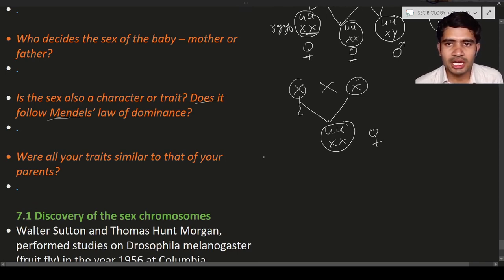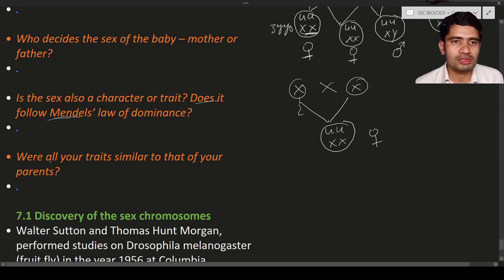No. If you see children, some children look similar to the grandparents, and some children look similar to the parents. It means children are not always similar to the parents. They are going to receive characters or traits from the ancestors. Ancestors means grandparents or great-grandparents and so on, two generations earlier or three generations earlier, grandfathers or forefathers and so on.